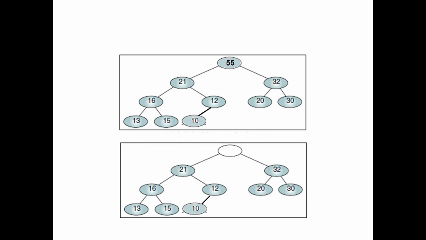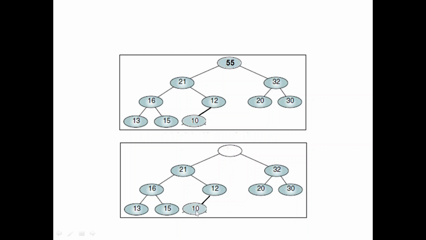So here is an example. In the first tree, that is actually the heap tree, we have got 55 in the root, and I have decided to delete 55. That results in this particular tree where the root is empty, and it is obviously not a heap tree. Now we have to elect a new value into this particular position, and that is typically done by moving the last node into that position.